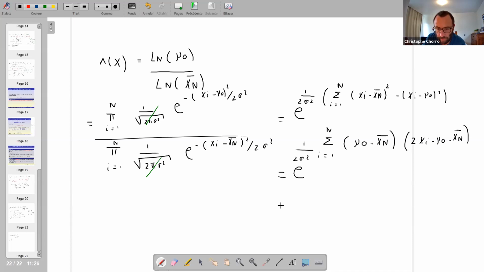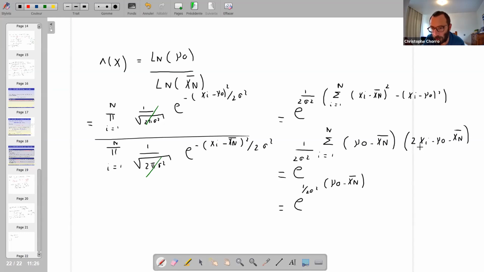So I have this, and I can write it this way: exponential of 1 over 2 sigma square. I can remove this one from the sum because I don't have an i here, so mu 0 minus xn overline.